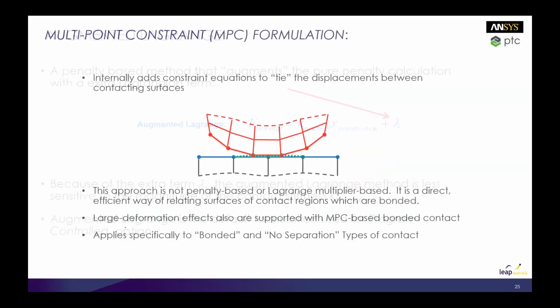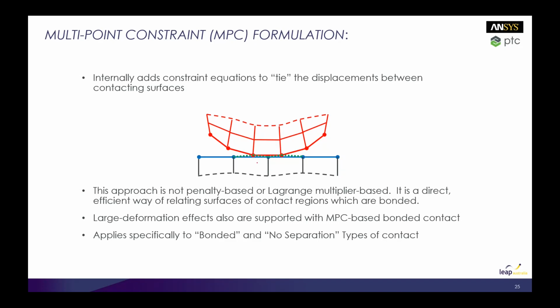Okay, so another method is used for linear contact, for bonded and no separation. Here we essentially tie the degrees of freedom together with constraint equations.